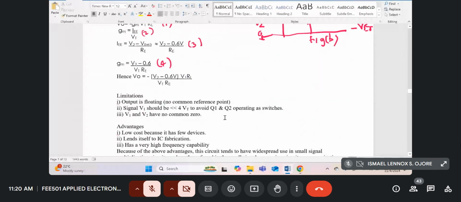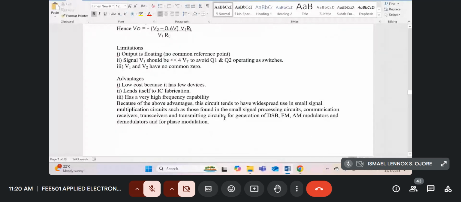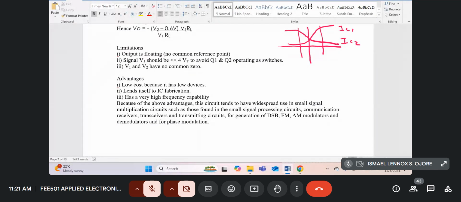Okay, so these are these circuits. So given the limitations over there, number one, the output is floating. It doesn't have a common reference. Number two, also, signal V1 should be less than 4 VT. I think from your third year analog electronics, if you drew for differential amplifier, if this was the first transistor, you'll find here this voltage over here.